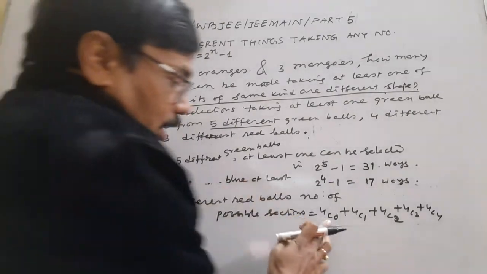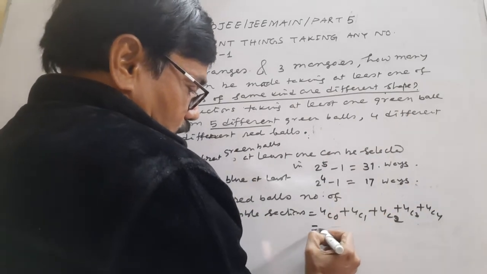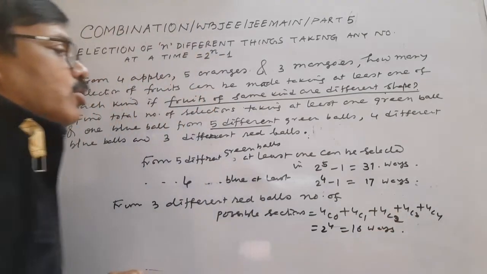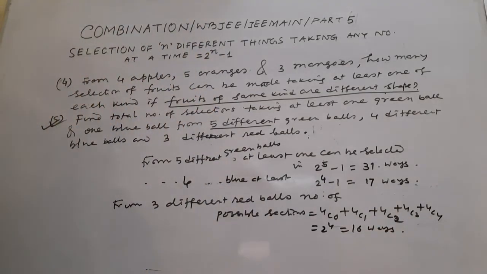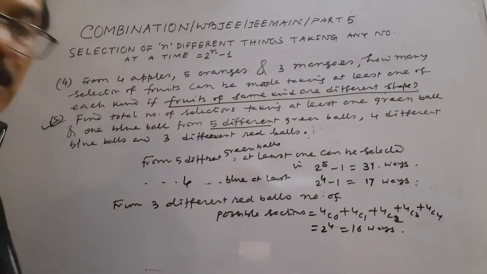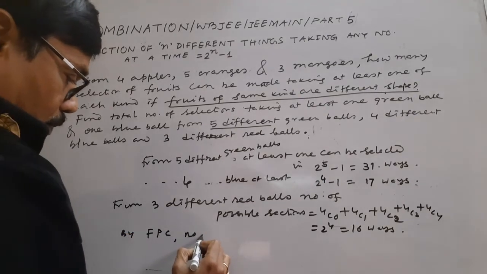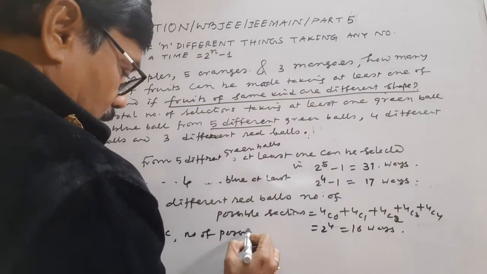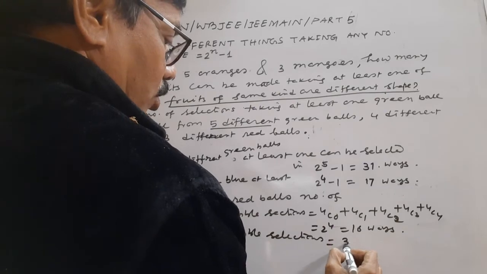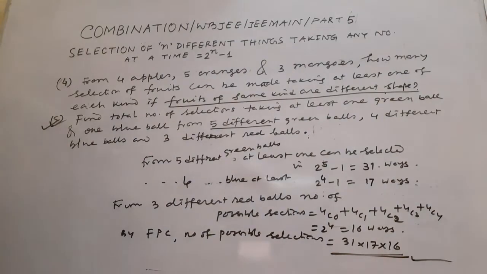So we can take none, or take 1 or 2 or 3. So this is 2 to the power 3, 8 ways. So this is the only difference. Here the restriction was not given for red balls. So then by the fundamental principle, the number of possible selections is 31 into 15 into 8. So this will be our answer.